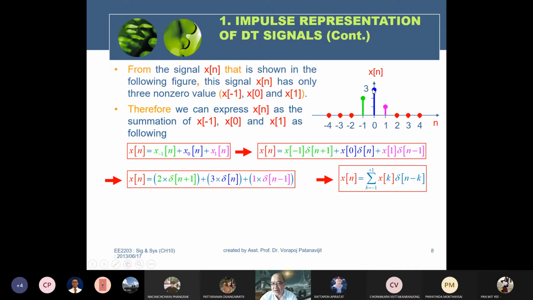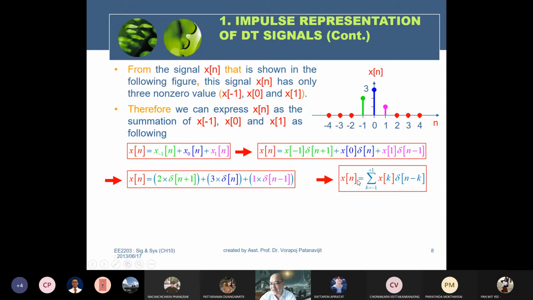The second impulse is delta[n], location equal to 0, and the magnitude is 3. The last impulse is located at n equal to 1, therefore delta[n minus 1], and the magnitude is 1.